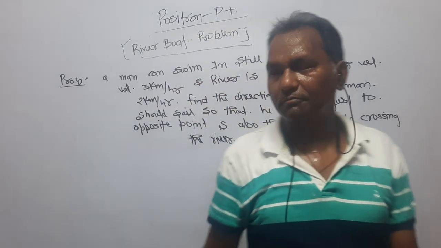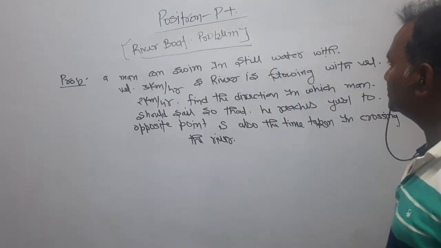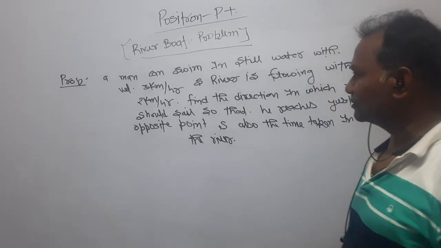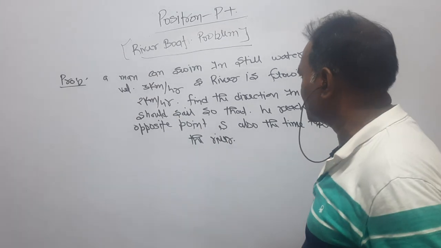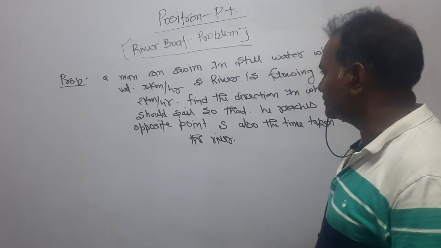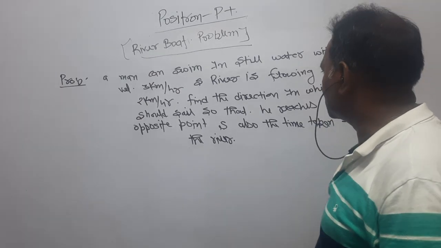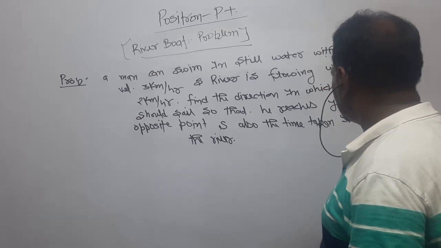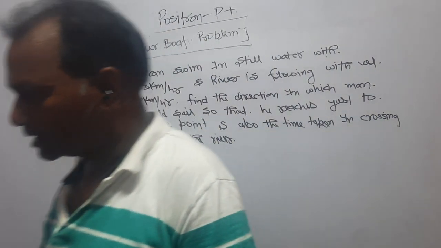Dear students, this is the problem: a man can swim in still water with velocity 3 km per hour and the river is flowing with velocity 2 km per hour. Find the direction in which the man should sail so that he reaches just the opposite point, and also the time taken in crossing the river.